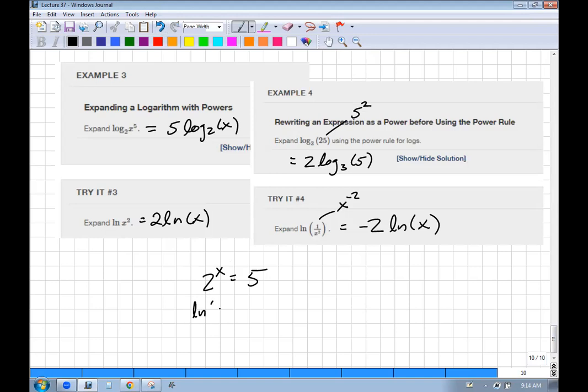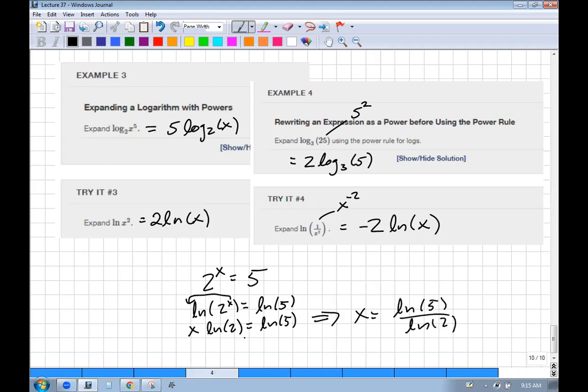Let's say I take natural log of both sides. That means I could take the x and put it out front. That means x is natural log of 5 over natural log of 2. So I could solve for x. And these are buttons I can plug into the calculator.